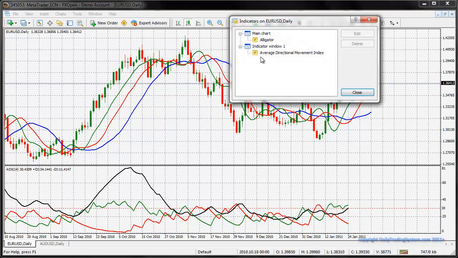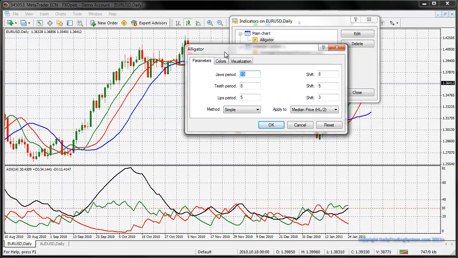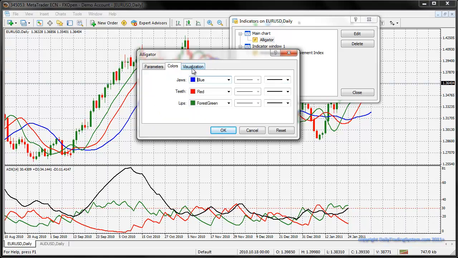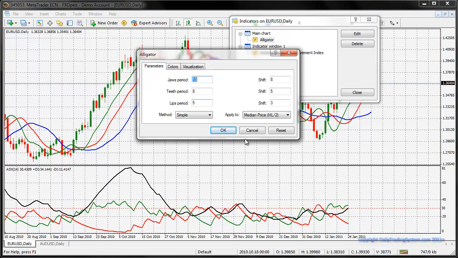Let's go to the indicators list, go to the Alligator, and you can see that it's using a simple moving average set to 13, 8 and 5, and it's essentially just moved them back from the chart a little bit at different intervals, and when they start to cross, that's when you go long or short and what have you. That's all that it's doing.